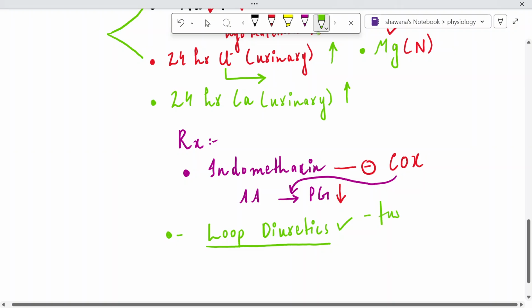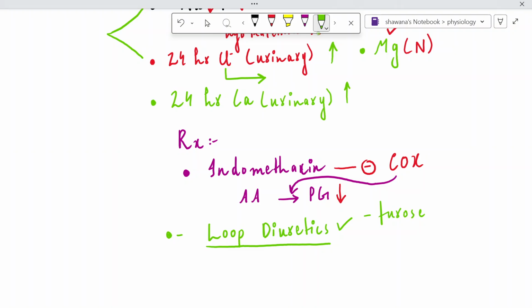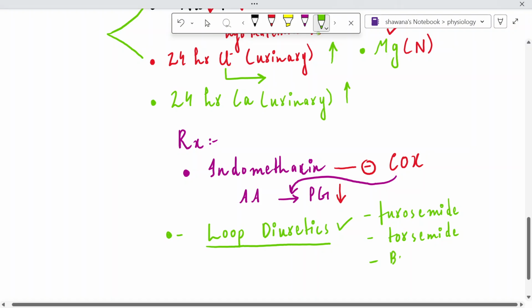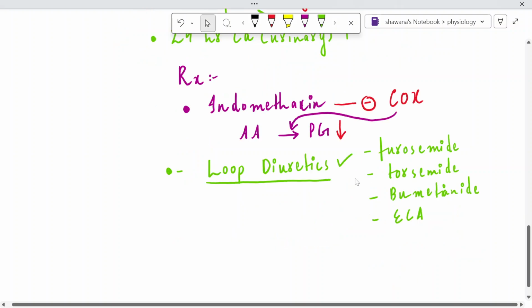Furosemide, a very popular drug as far as loop diuretics are concerned. Torsemide, bumetanide, and the last is ethacrynic acid. These all are included in loop diuretics.